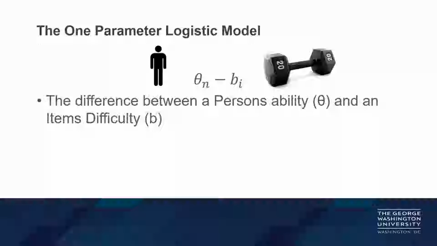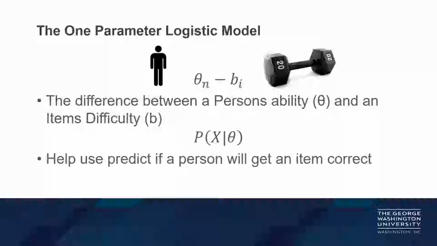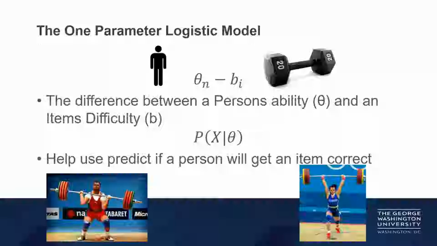Each item laid out in this case would be a weight of a different measure: a 20-pound weight, a 40-pound weight, a 100-pound weight. If we know something about your ability, it would help us predict which weights you could actually carry or lift. Here we see a weight that may be too heavy for an individual, their ability starting to push their furthest levels. And then on the right, we see someone well within their ability level lifting a heavy weight.